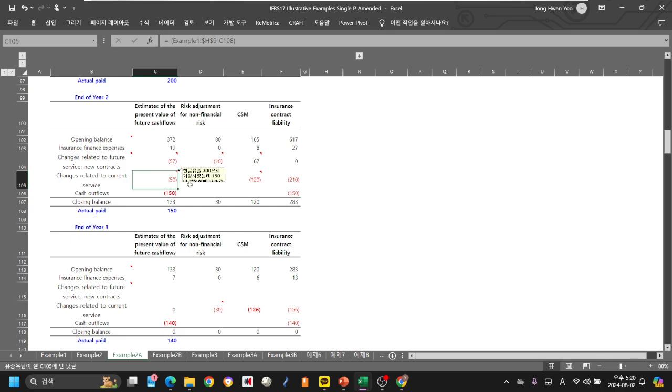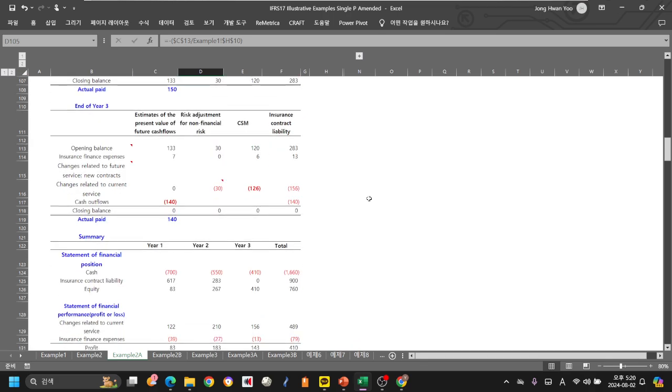RA 40 is already allocated. Unlike CSM, you have to stick to whatever you allocated. So 40, and then add 67 onto the existing CSM and divide by 2, giving 120. So this one is increased a lot.